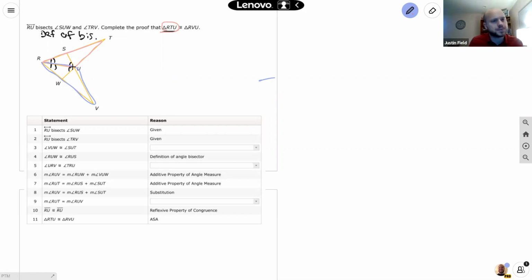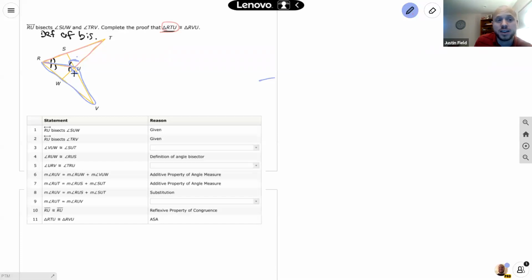I see. So, okay. So we have one angle of each already. And we even have one side that they share. But what we need to get is this angle right here and this angle up here. So we have half of each one of those. What we need to do is figure out that these two angles are congruent.